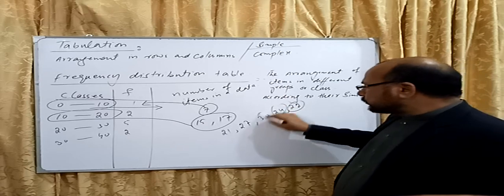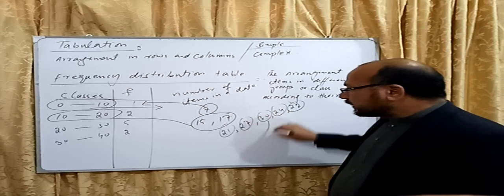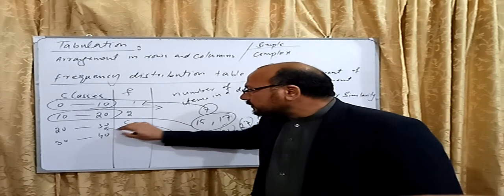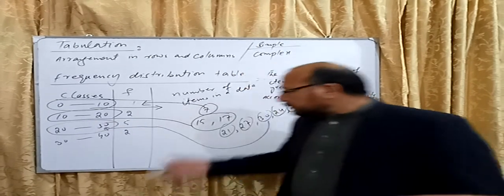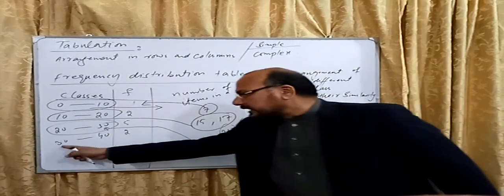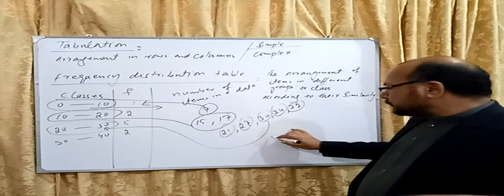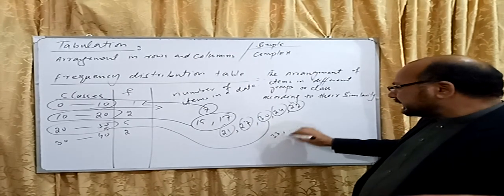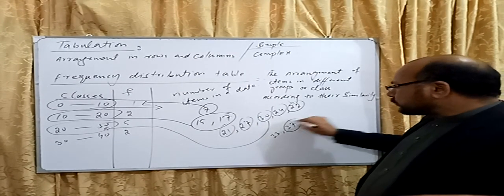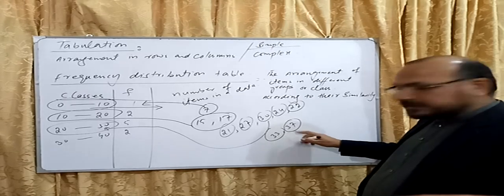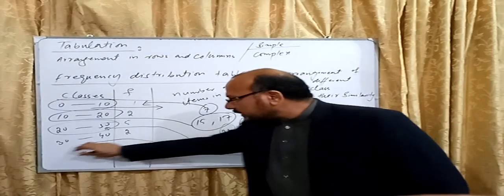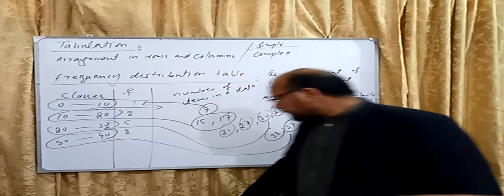So 1, 2, 3, 4, 5, these are 5 students lying in this group. In the group 30 to 40 we have two students with marks 33 and 37.